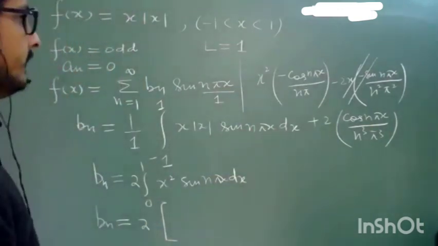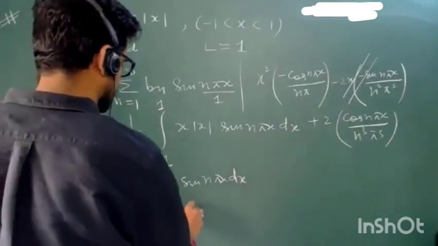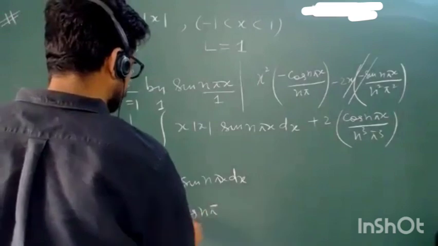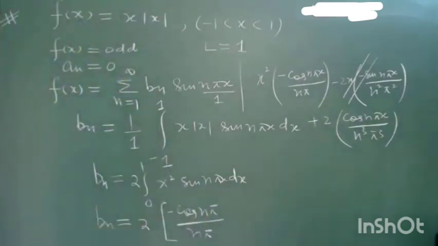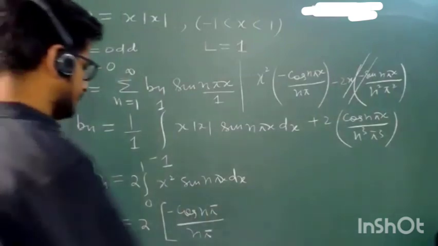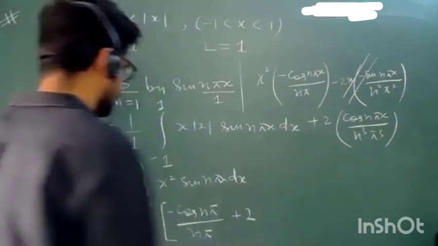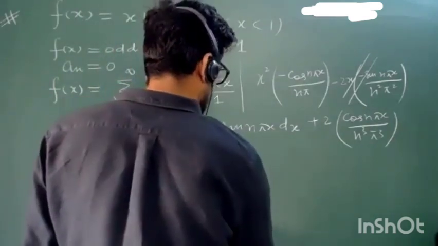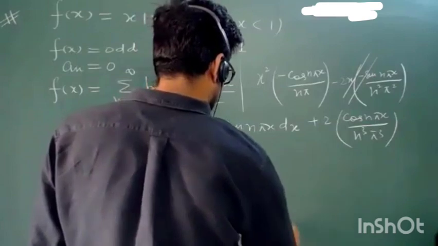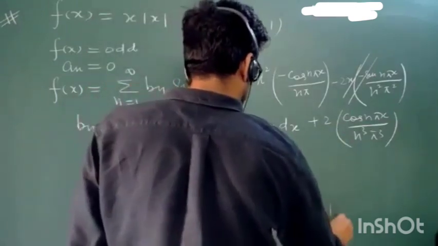The upper limit will be minus cos of n pi over n pi, and the lower limit will be 0 because of x. And plus 2 times, let us put this also as upper limit minus lower limit. So it will become 2 by n cube pi cube. Upper limit is 1, so minus 1 to the power n minus 1. So this is the value of b_n.